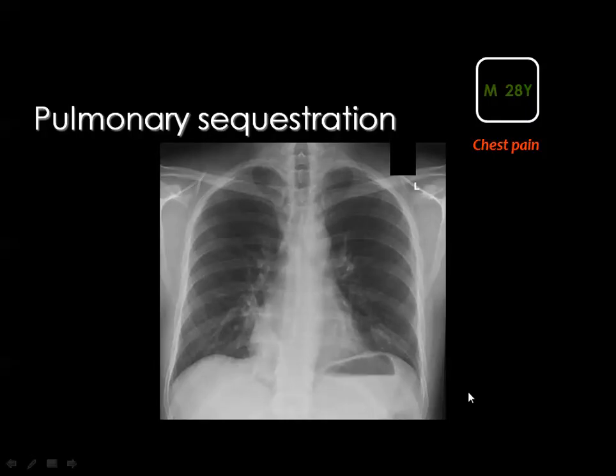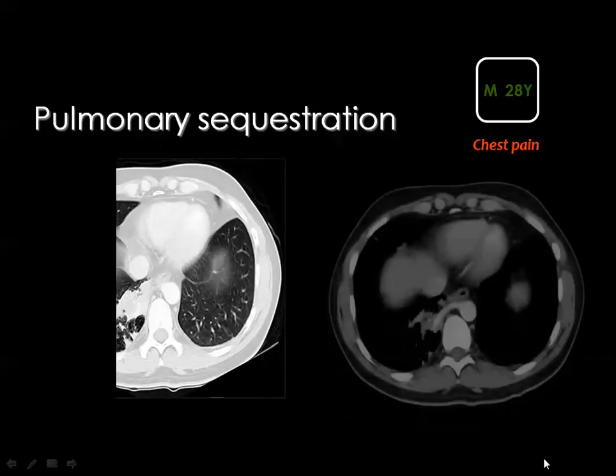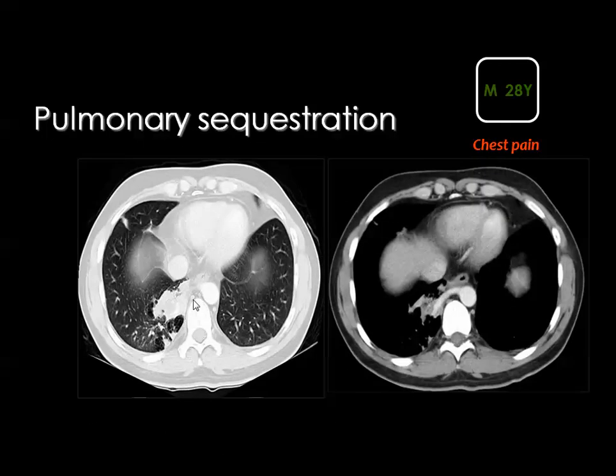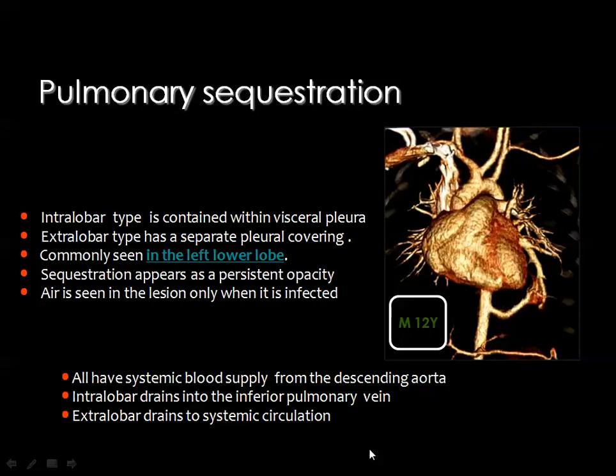And you see here a chest X-ray, and it may predict that there is some opacity related to the right cardiac border, and the CT scan showed that there is an opacity in the lower lobe, and very importantly, in this opacity, there is a branch which is coming directly from the aorta to supply this particular area in the lung, confirming the diagnosis of pulmonary sequestration.